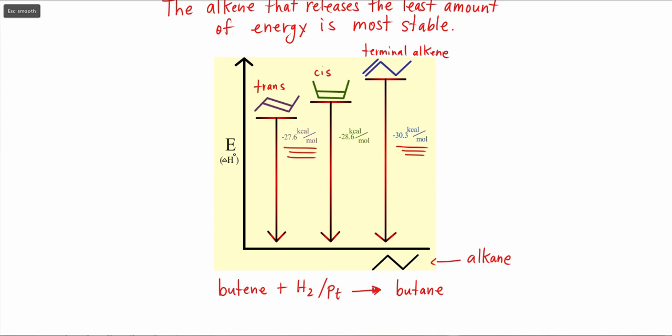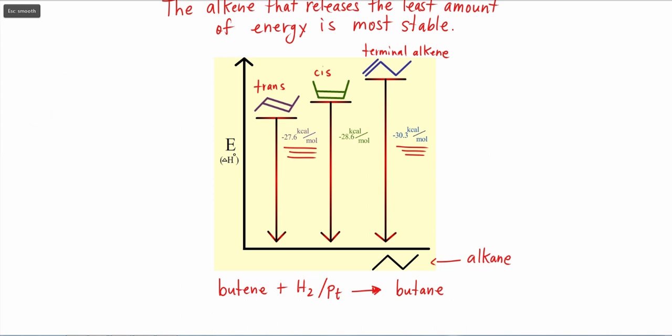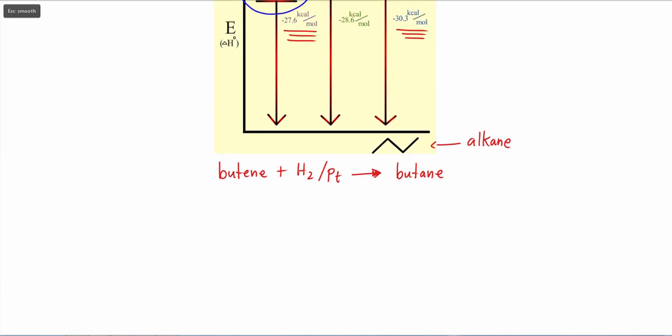So we say that thermodynamically speaking, that trans alkene is more stable when you compare it to the cis and the terminal alkene.